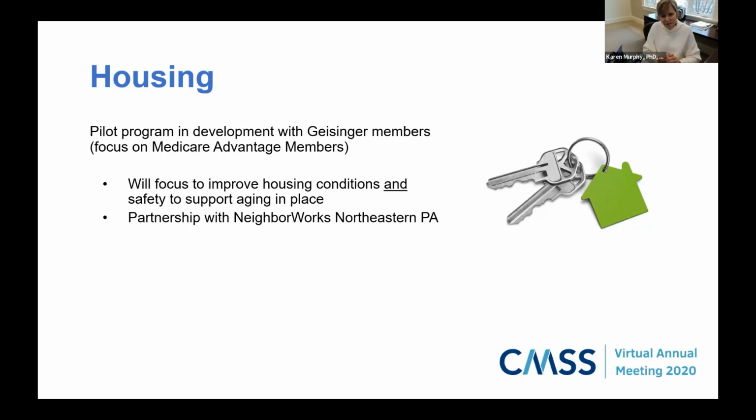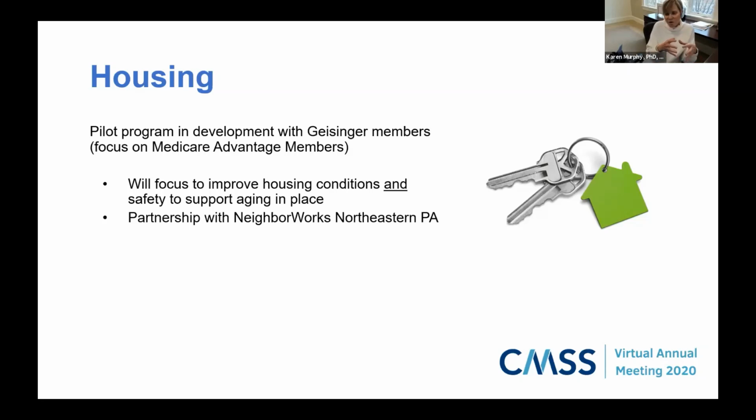Having said that, we do have members of our community that come to us in a very challenged way, looking for housing. So we've decided to focus on Medicare Advantage, so they're senior citizens.